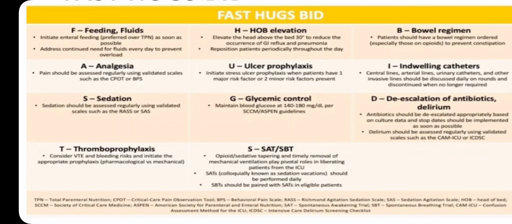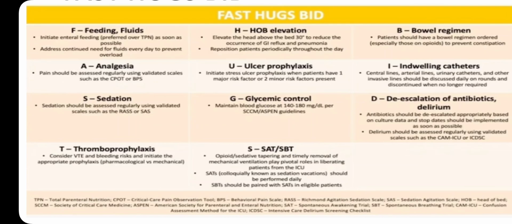G is for glycemic control. We have to maintain blood glucose at 140 to 180 mg per deciliter as per SCCM/ASPEN guidelines. SCCM stands for Society of Critical Care Medicine and ASPEN for American Society for Parenteral and Enteral Nutrition. S is for SAT and SBT.